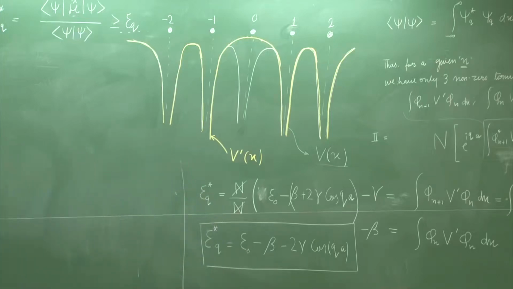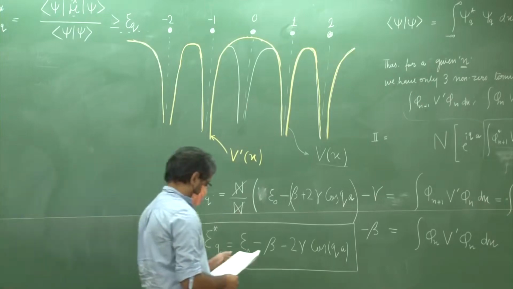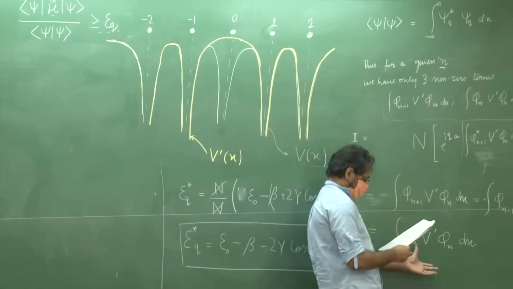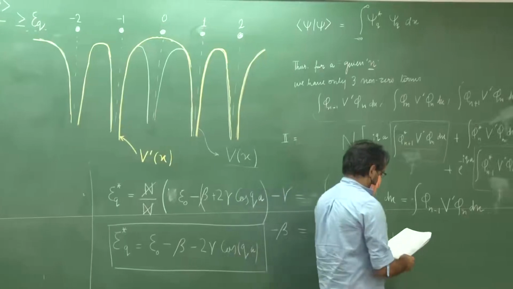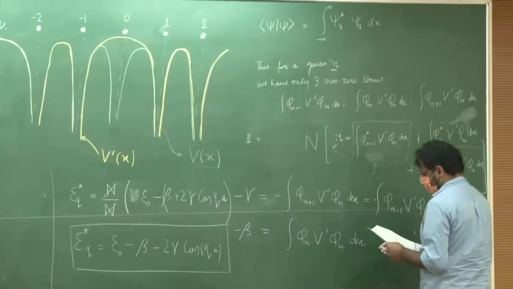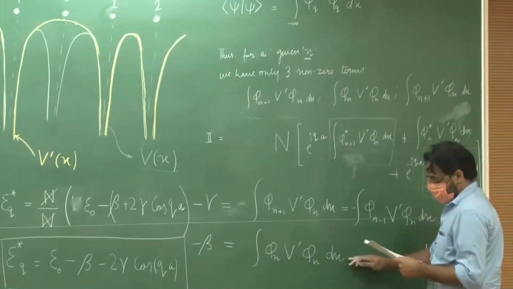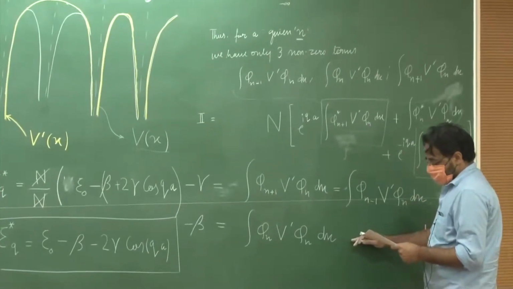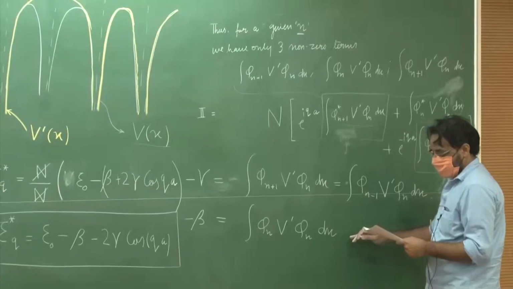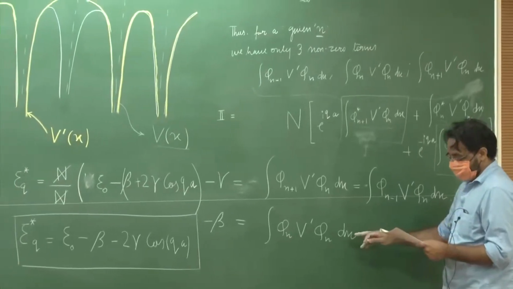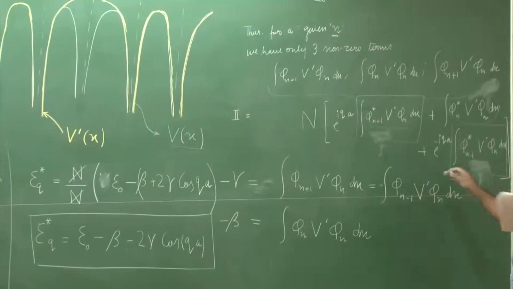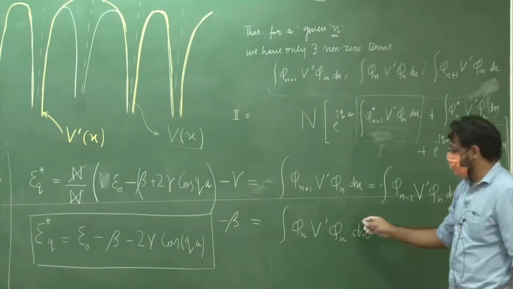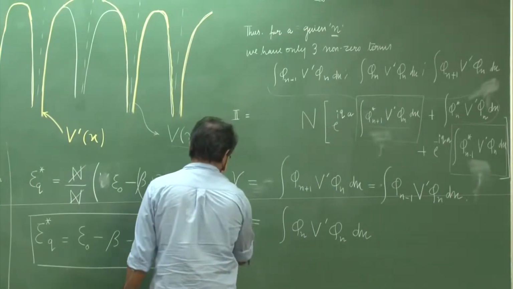So beta, which we have obtained, this quantity beta, what is this actually? This is simply the amount by which the energy level will lower itself from its value in the isolated atom due to electronic attraction felt by the electron from the n minus 1 nuclei. This is what this term is.